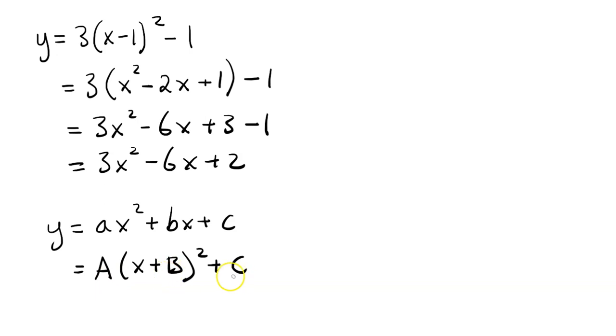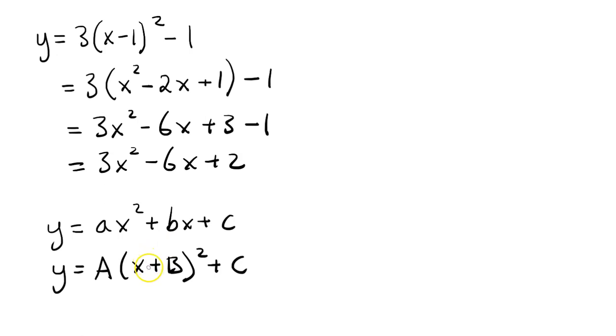Here now a, b, and c, the larger ones, are also constants, but not necessarily equal to the smaller a, b, and c. So the question is, if you have it like this, can we always write it like this? Can we re-express it like this? And the answer is yes, we can. So that's what we want to show now by training on how to transform from this to this.